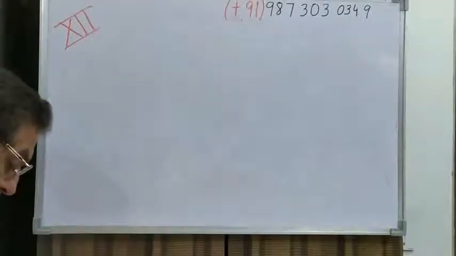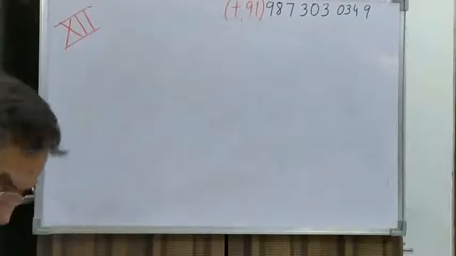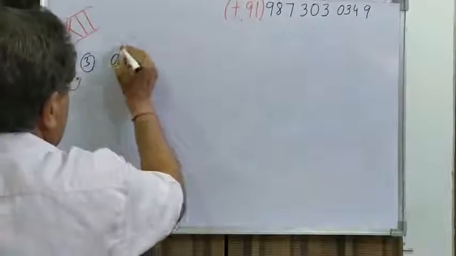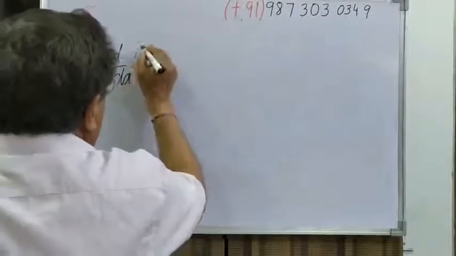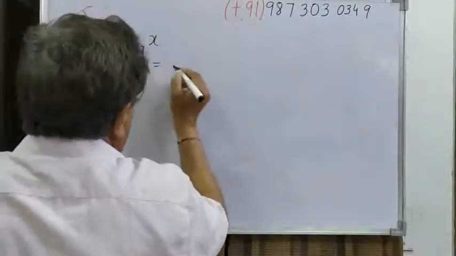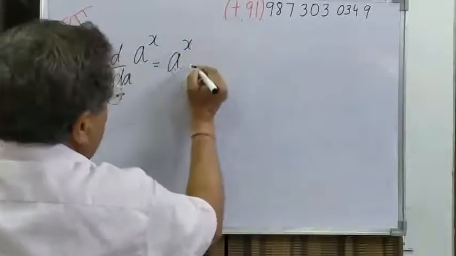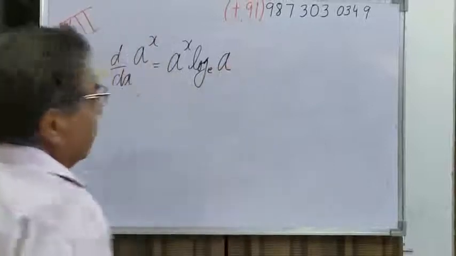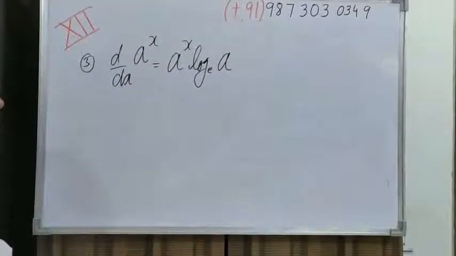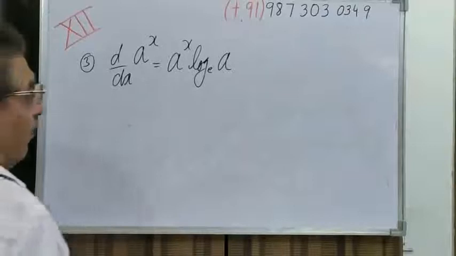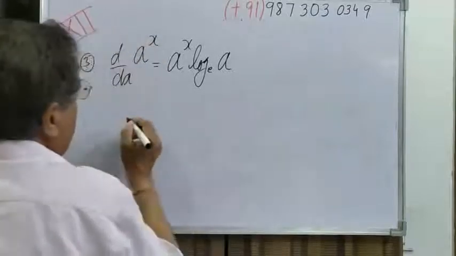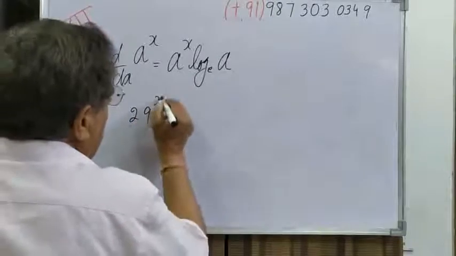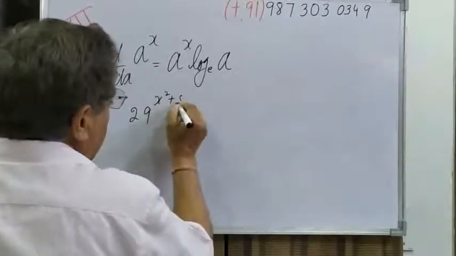The third one is the derivative of any arbitrary base to power x, d/dx of a to power x, and it is a to power x into log of a to the base e. Now its illustration: say we have been given 29 power x square plus 5.